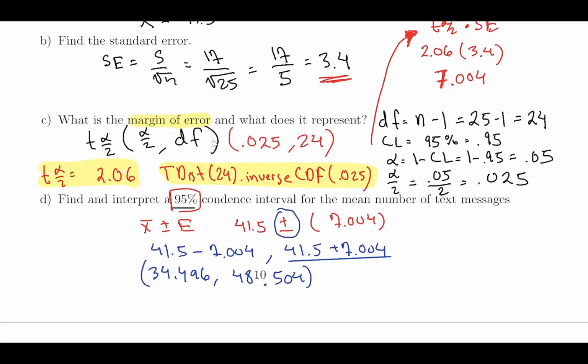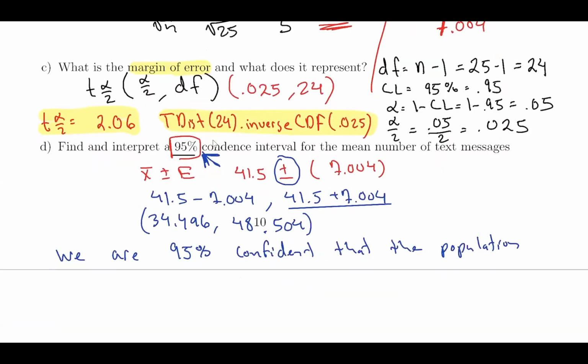All right, so next thing we're going to do, if you look at it, it asks you to interpret it too. So let's interpret it. For the interpretation, we're going to say we are 95% confident. The reason why we're saying 95% is because of this.